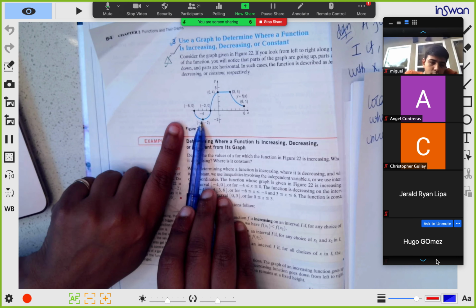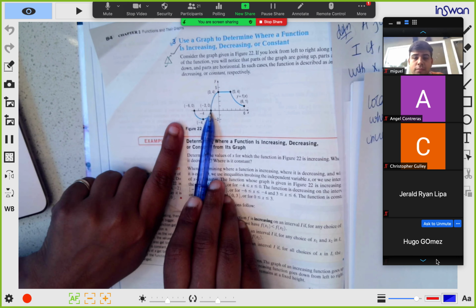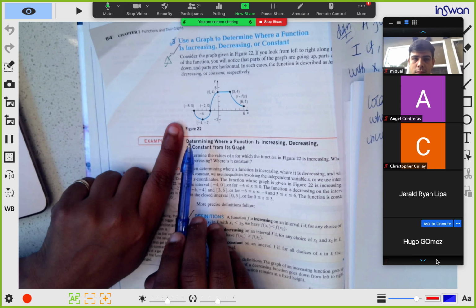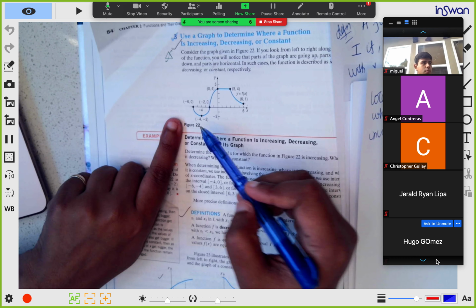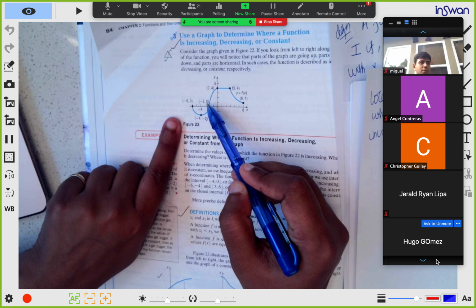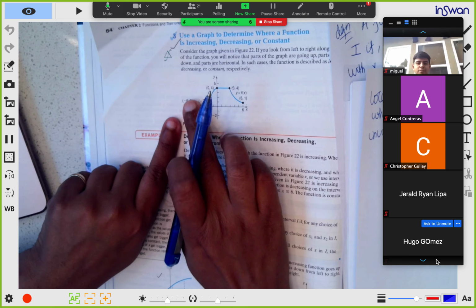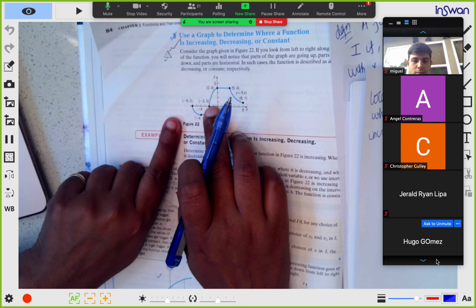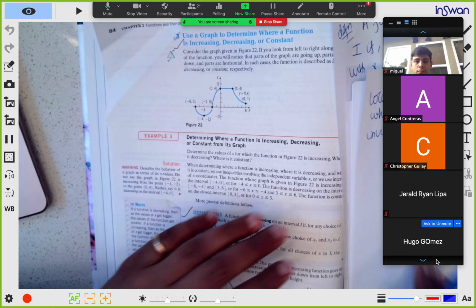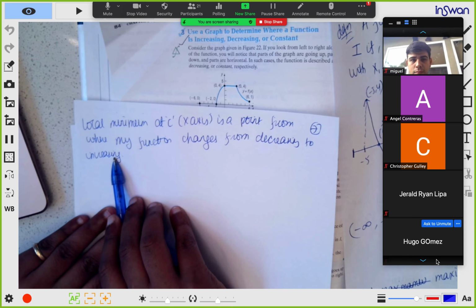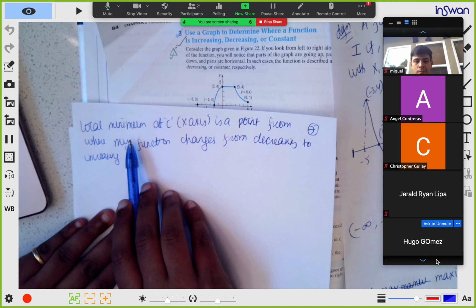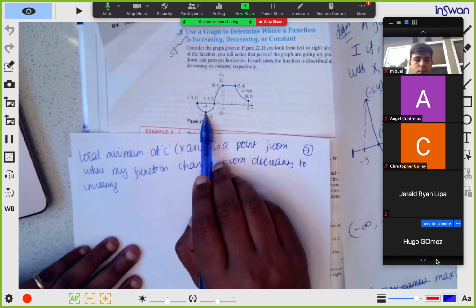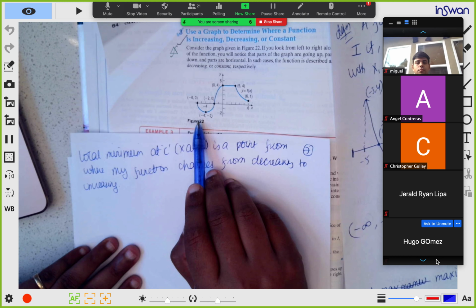And from this point to this point, it's increasing, from -2 to 0. So it's going from decreasing to increasing. When it goes from decreasing to increasing, you have a local minimum at what point? This point, and you will consider just the x value, -4.